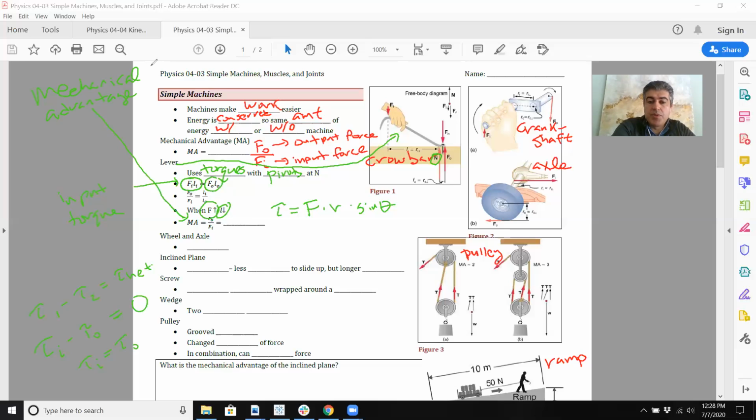So it's the output force over the input force. So you want the output force to be higher. You want FO to be bigger than FI, because you want to be able to generate more force.